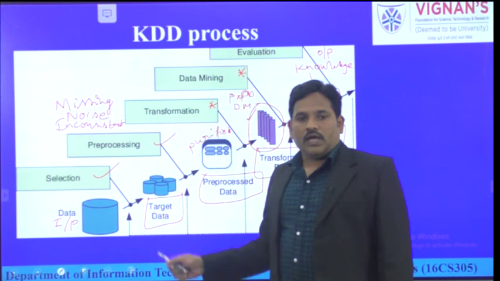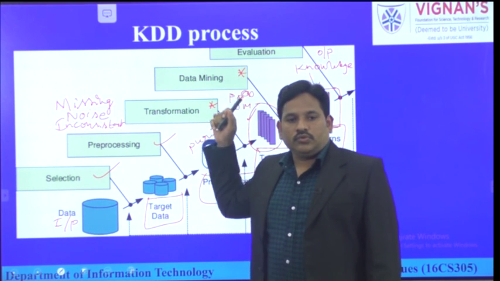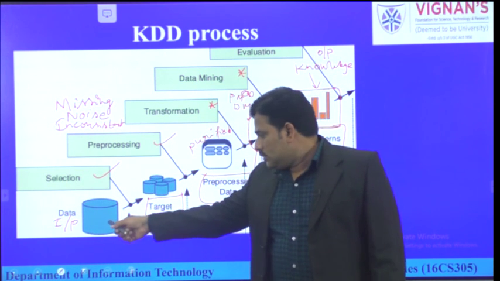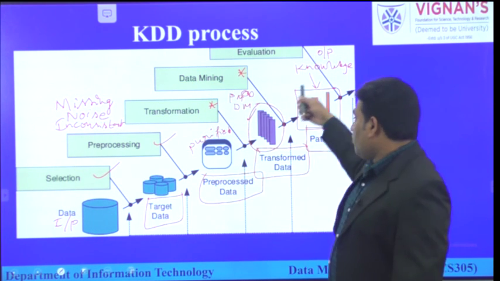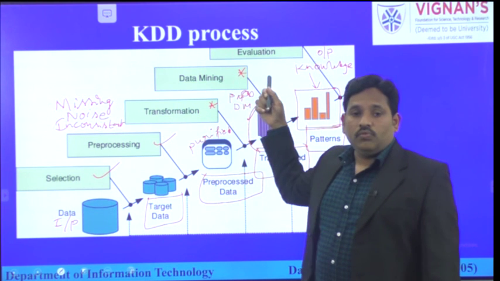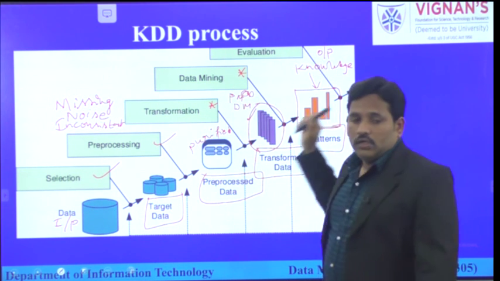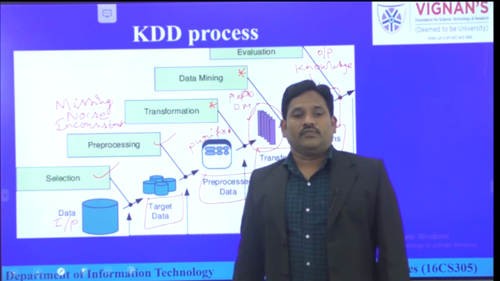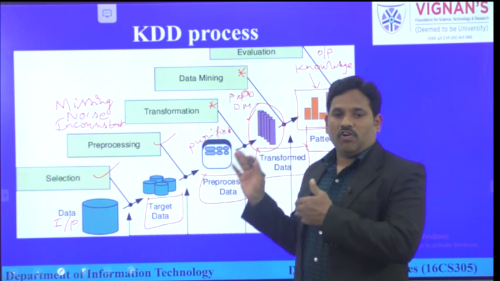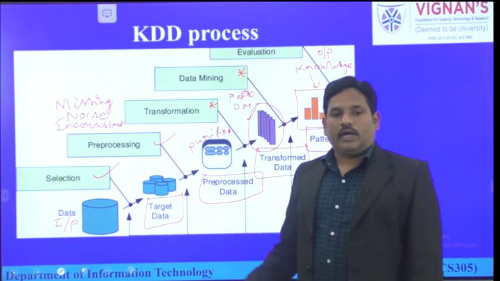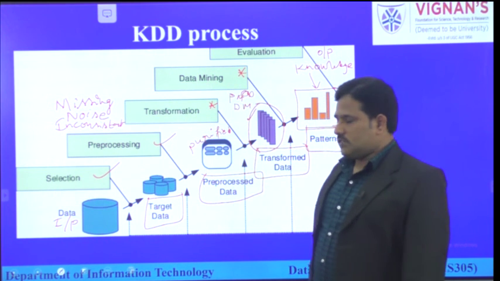So from an input to extract knowledge, these are the various techniques or phases we are going to apply on the data. Then only finally can we know what the hidden patterns of the data are and what knowledge has been derived by applying all these phases.